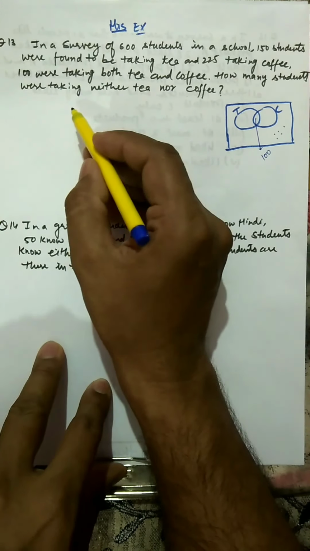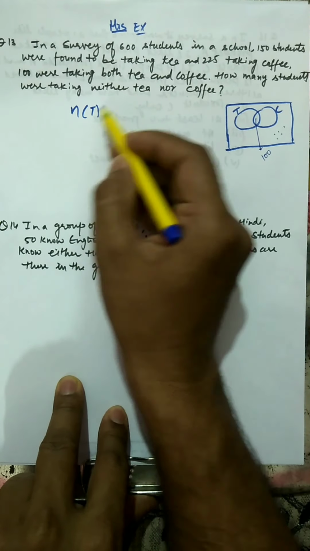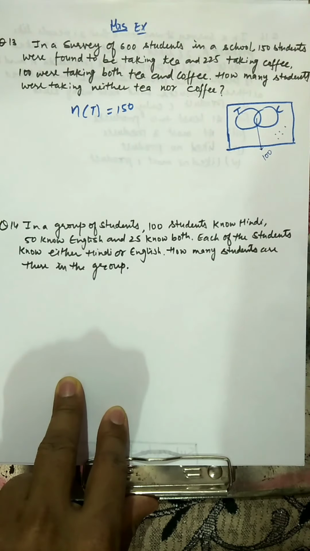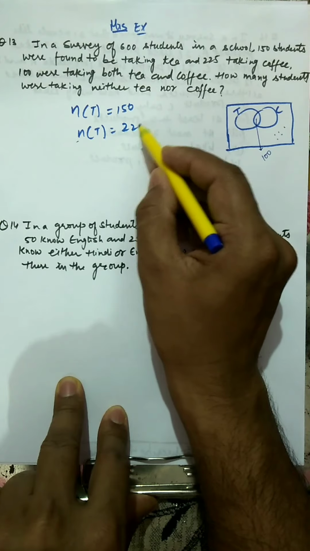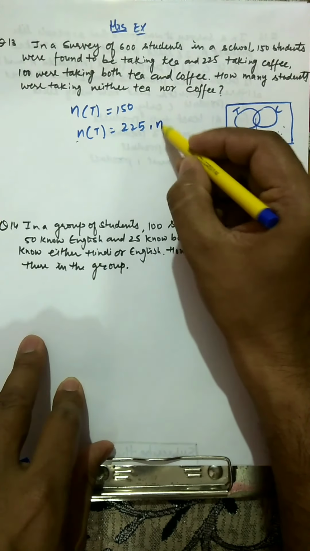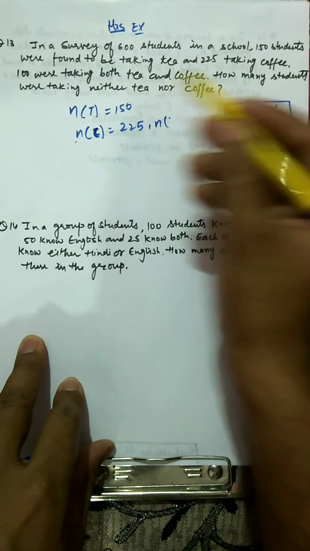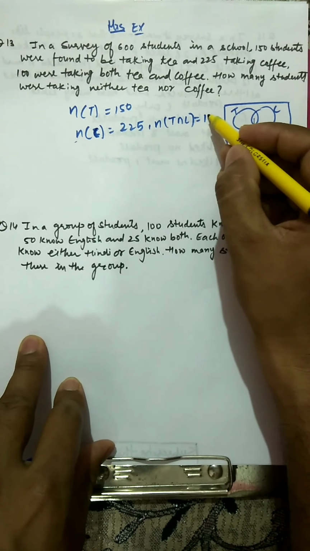So we'll write all the information one by one. The number of tea drinkers is 150, the number of coffee drinkers is 225, and 100 are the people who like tea and coffee both. So this is T intersection C, which is 100.